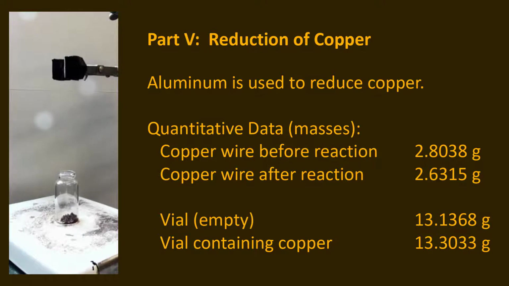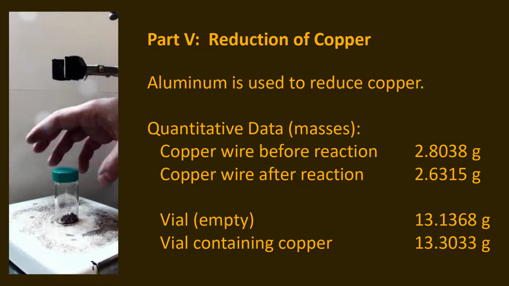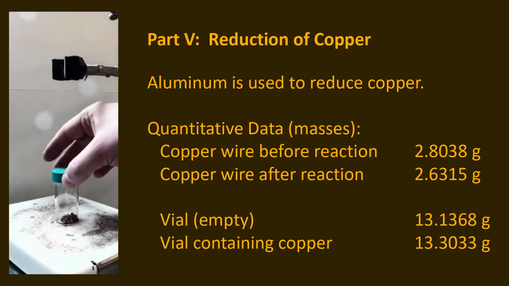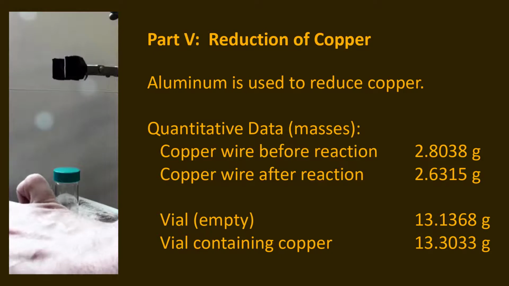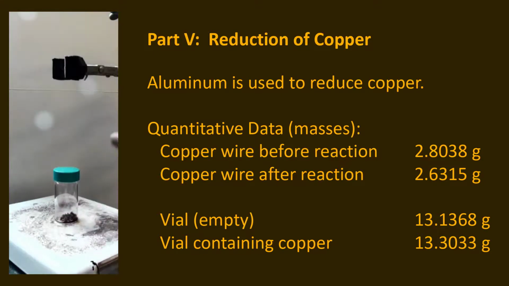In this case, what I'm doing is I'm just putting an oversized cap on top for a second. And now I'm going to turn the hot plate on. So a dilemma that we have is that we've generated our product, we've generated our copper as a relatively finely divided powder.